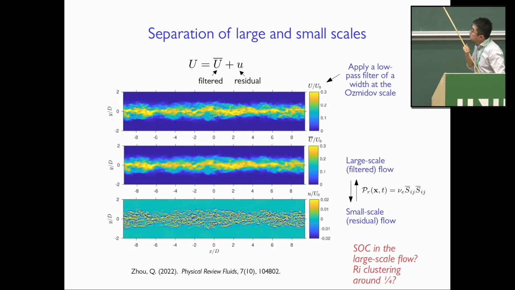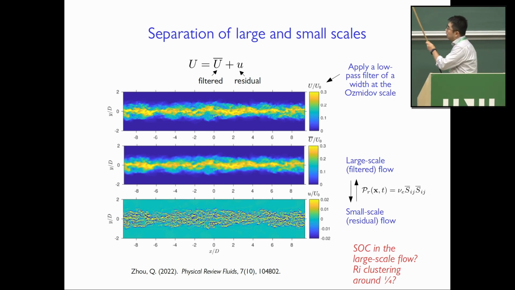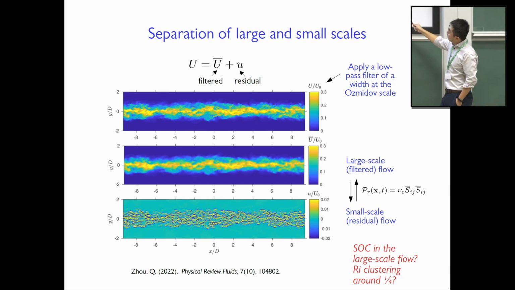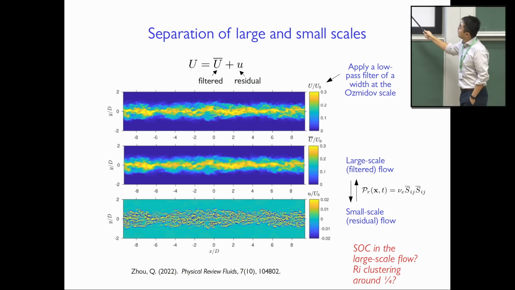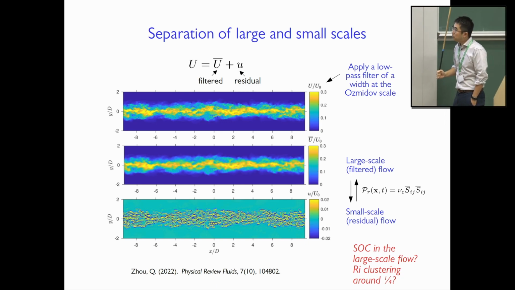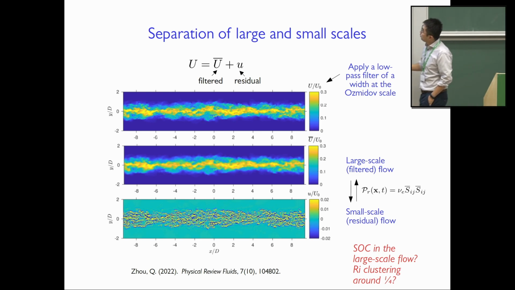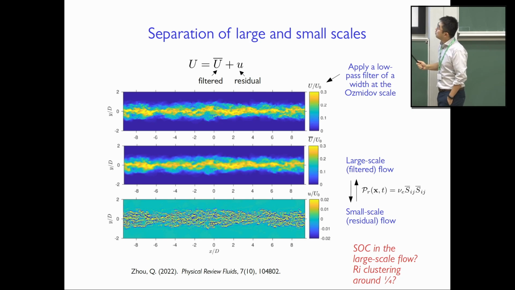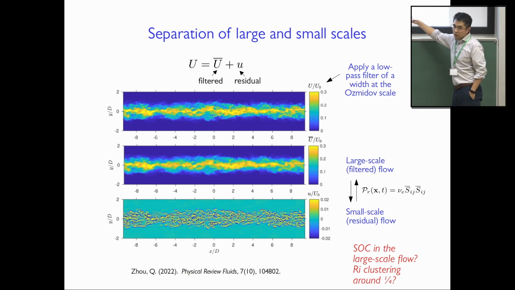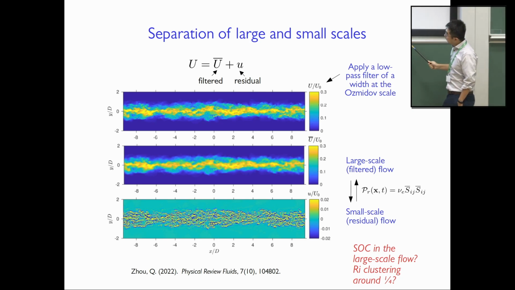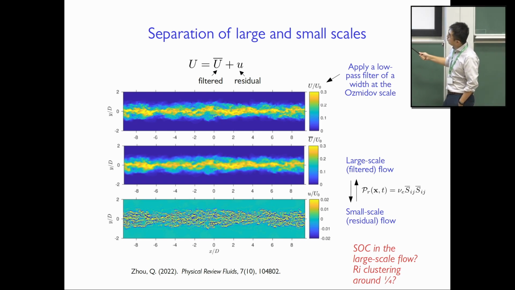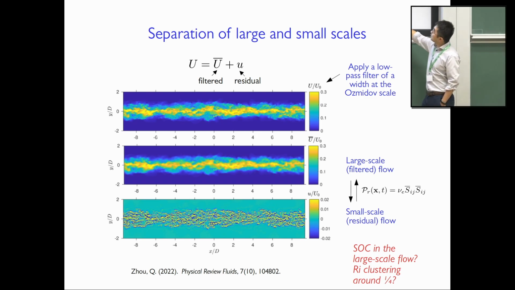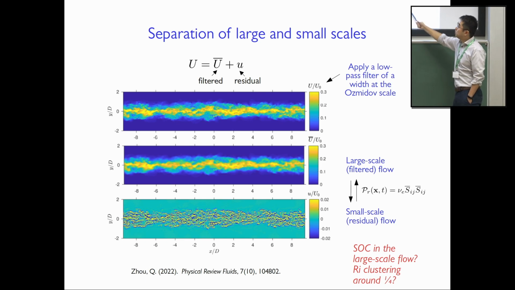To give you some sense of this methodology, on the top you're looking at a horizontal slice of the instantaneous velocity. Once I apply the filter, this capital U can be decomposed into a U bar, the large scale flow, which is just a blurrier version of the first one, plus the residual, the lowercase u.